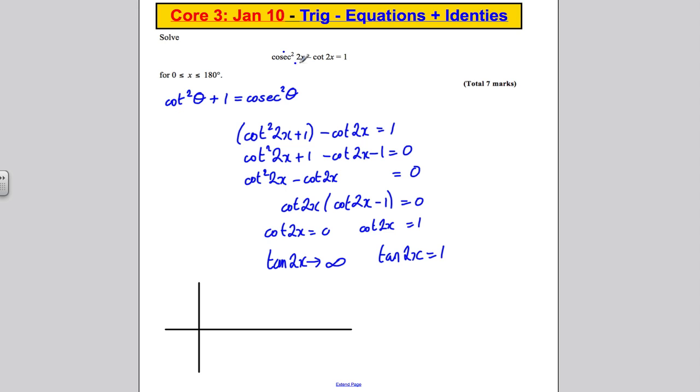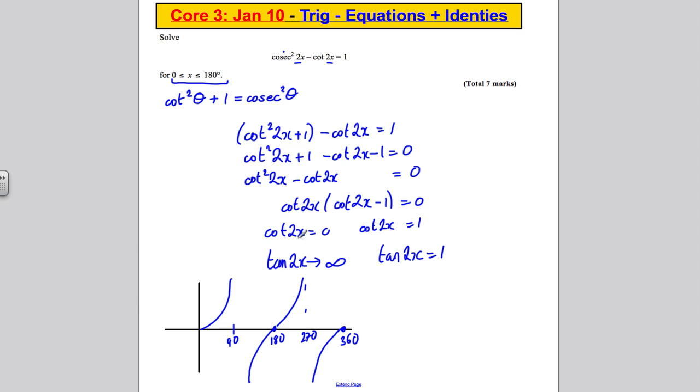Because we're dealing with 2x, we're going to double our range, our domain 0 to 180. So I'm going to draw the graph between 0 and 360. 270, 360.